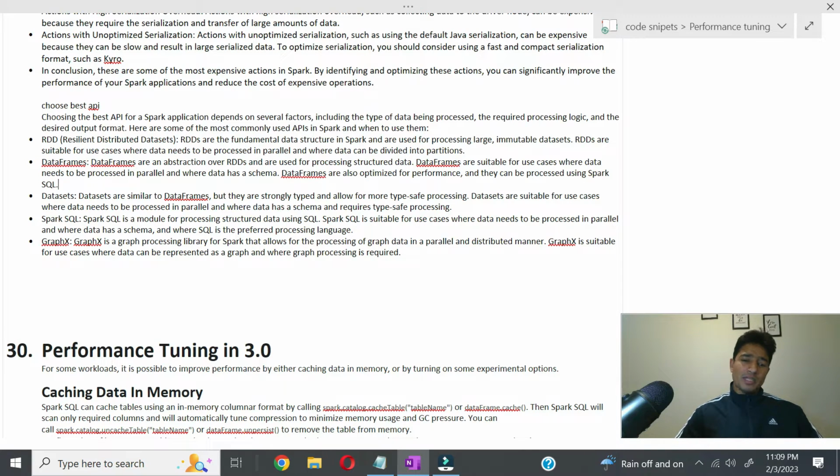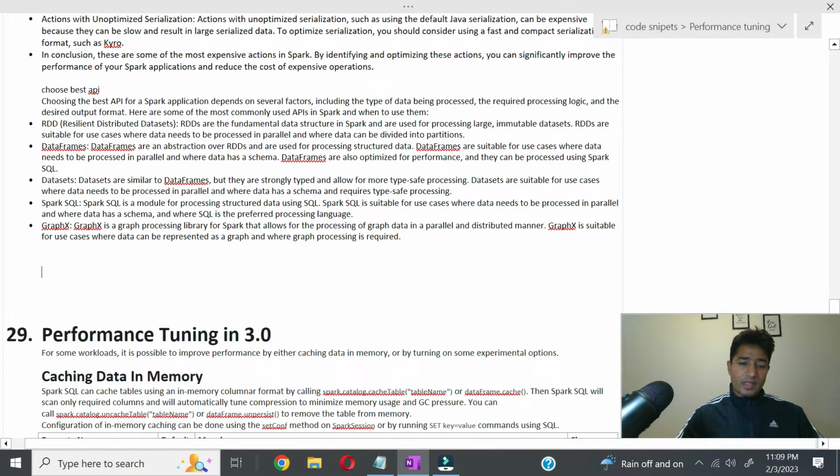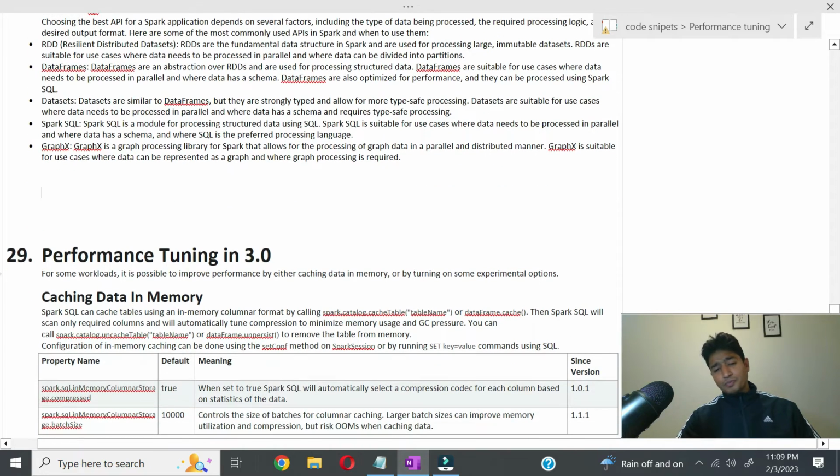So if you ask me which one is the best API, if you have a schema and you have the choice to use it, I'll 100% go for Spark SQL. Okay, and then there's GraphX, which I haven't used. GraphX is suitable when data is represented as a graph and graph processing is required.